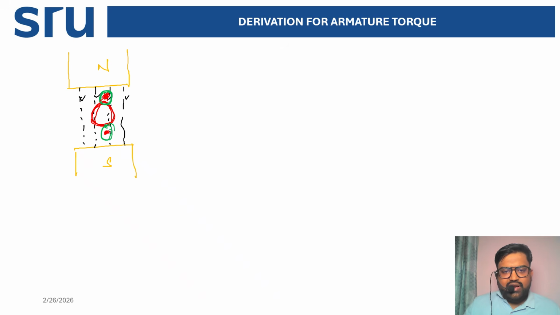Now you see, if I draw the diagram here, this is the armature, because the color combinations are something different. Now, to understand, suppose this is a dot. This is your cross. Now, from the previous slide, what do you understand?